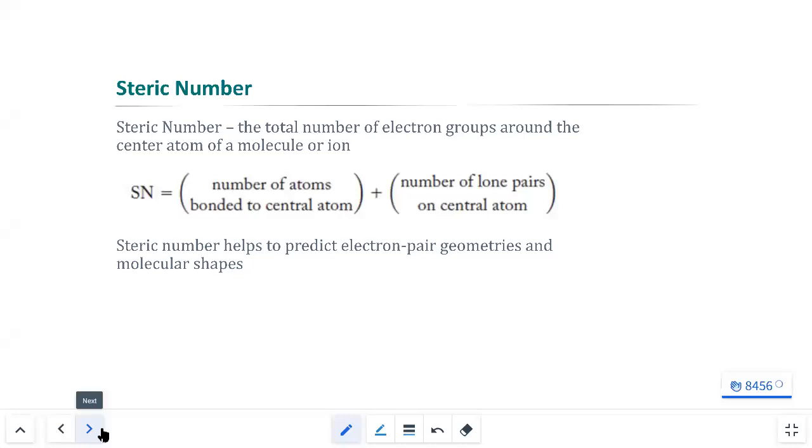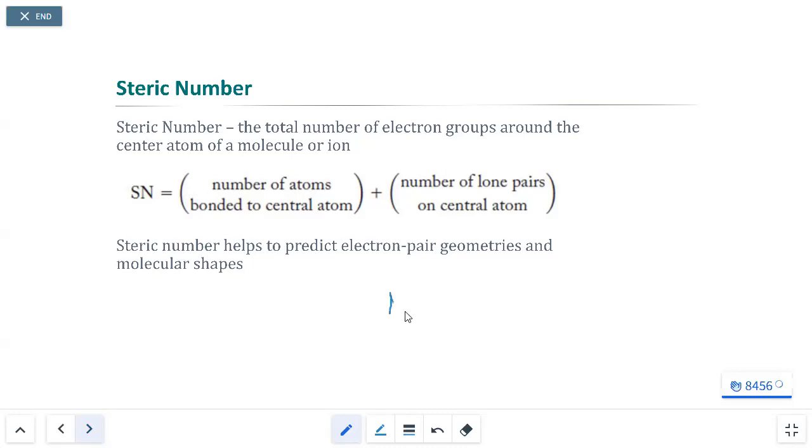For steric number, we need to look at the number of atoms that we are bonded to. So how many directions do those electrons go out from the atom? And so that's going to come in the form of bonding and unshared pairs of electrons around that atom.